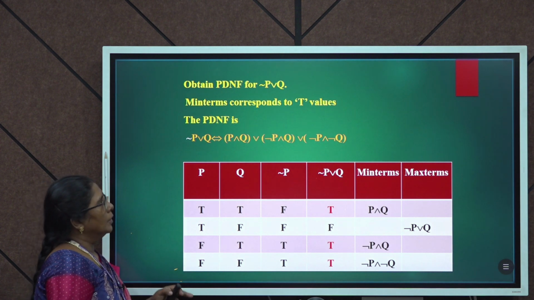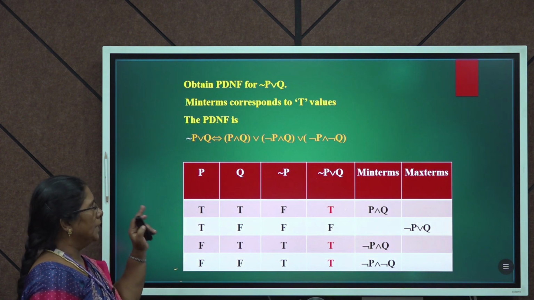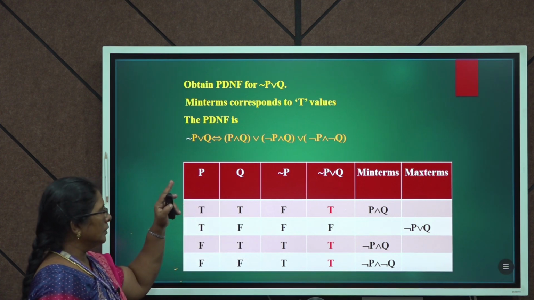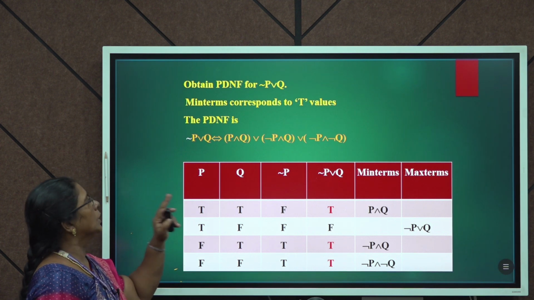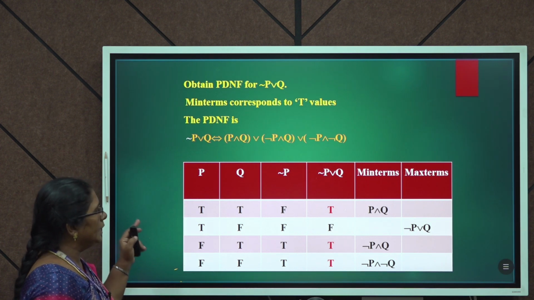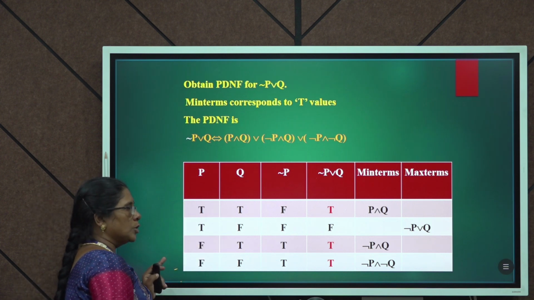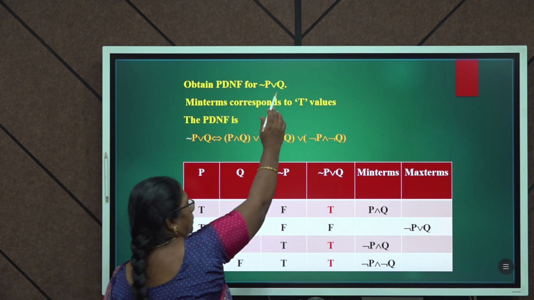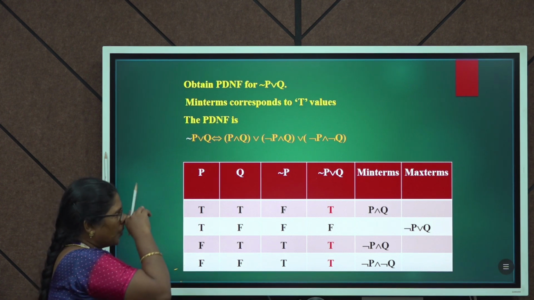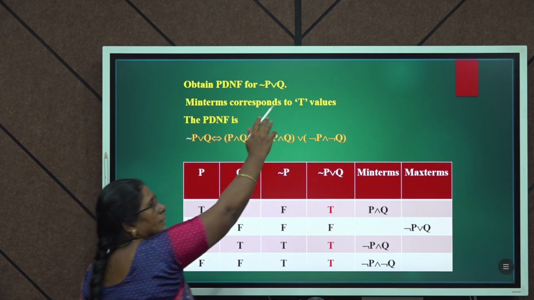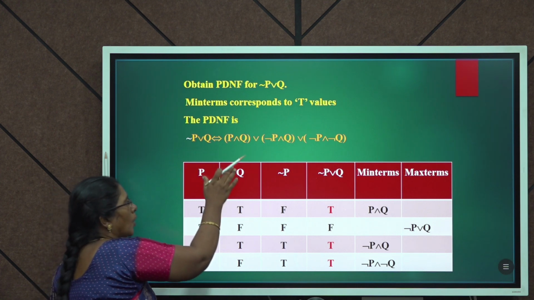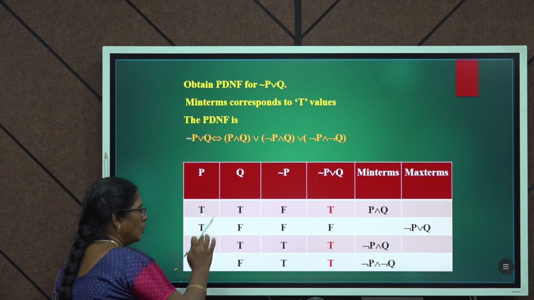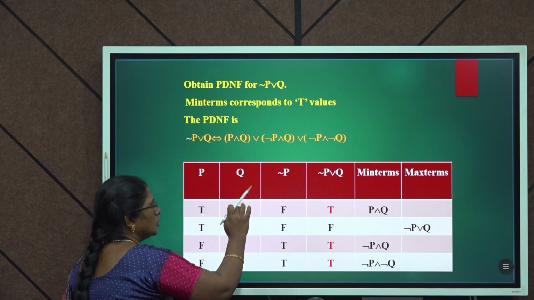Next, I have given you an example of how to find the PDNF of a given statement formula by making use of a truth table. Here two variables are involved, P and Q. First, let us construct the truth table for the given statement formula, negation P cup Q. To construct it, first write the variables involved, P and Q, and all the possible truth values of P and Q. The truth values of P are true, true, false, false, and likewise for Q: true, false, true, false.